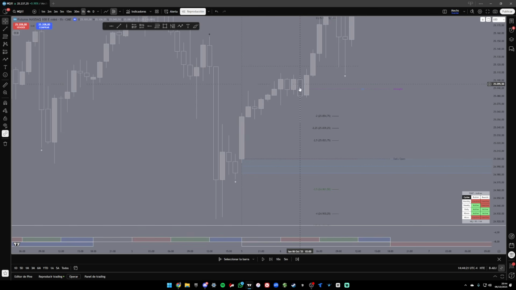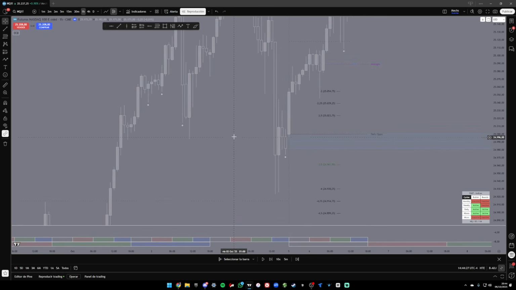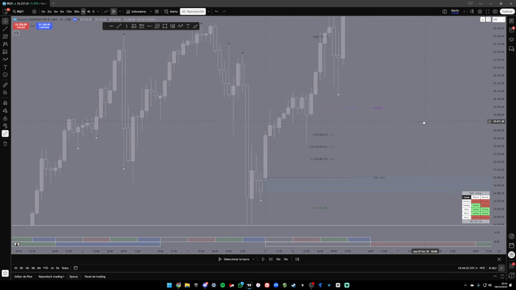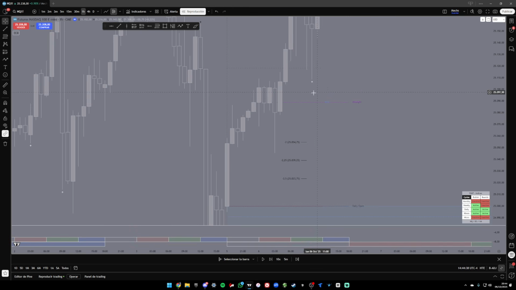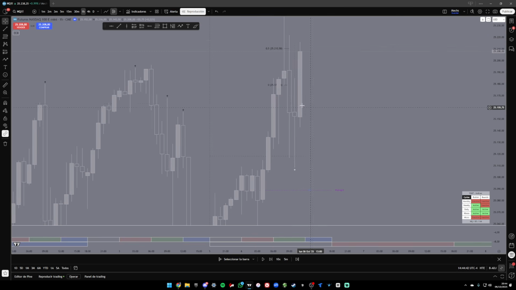Why is this a good rejection block and not, for example, this wick? This wick is not a good rejection block. It's not even a rejection block. It's not a good wick.